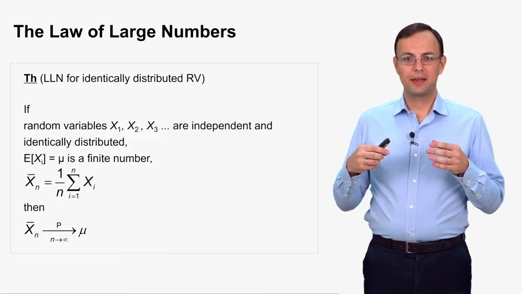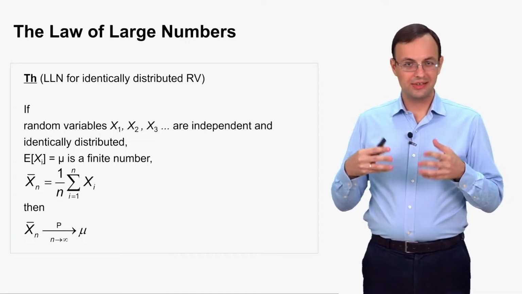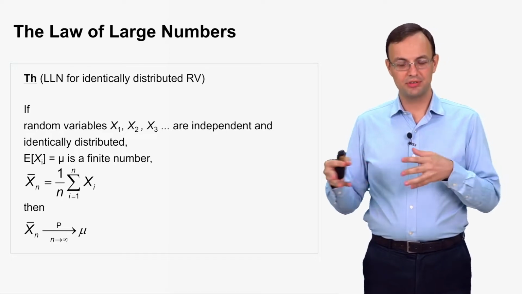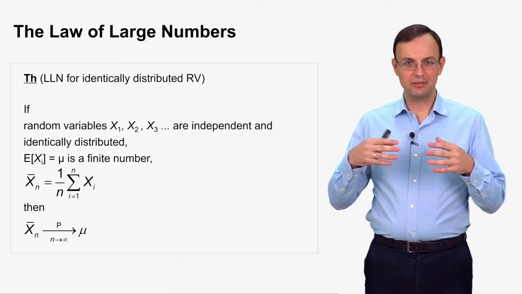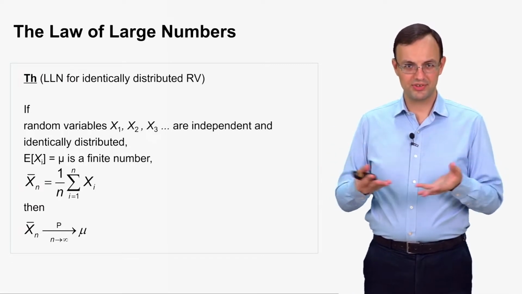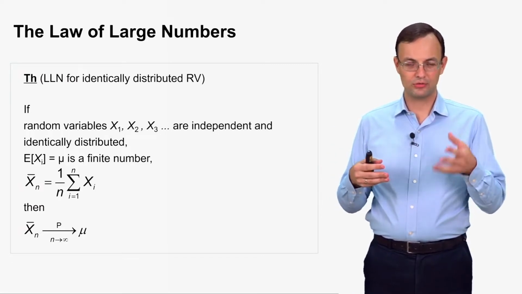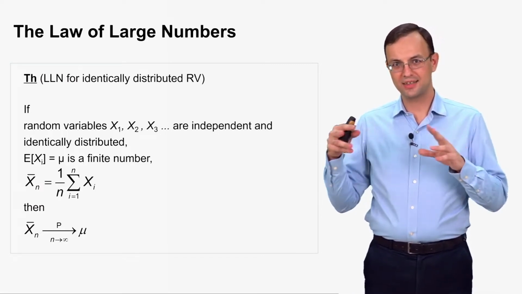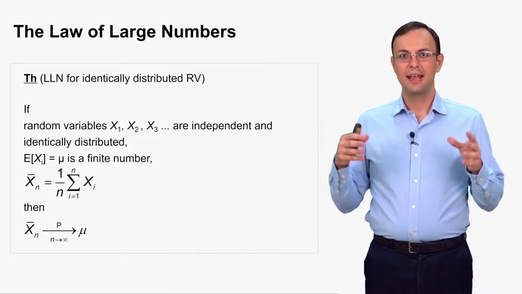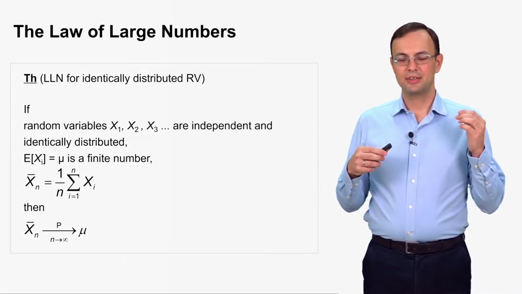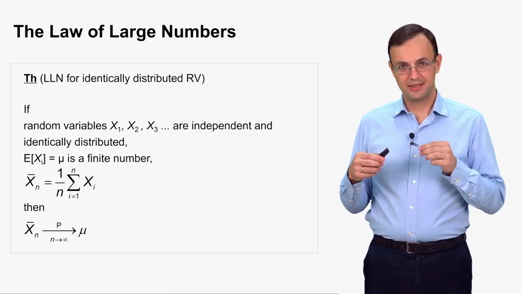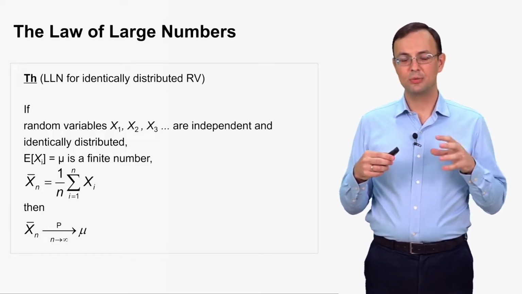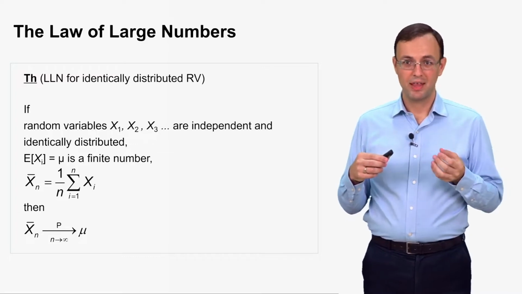As they are identically distributed, they have the same distribution, which means that all numerical features are also the same. The expected value also is the same. So E of x1 is equal to E of x2 and so on. And the condition is that this expected value must be a finite number. So it cannot be equal to infinity.